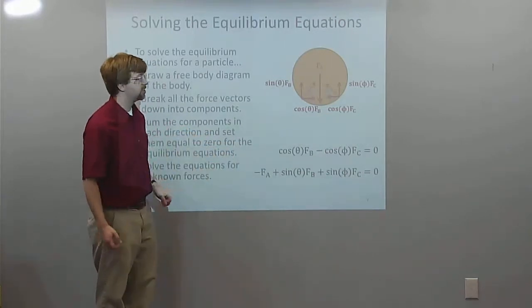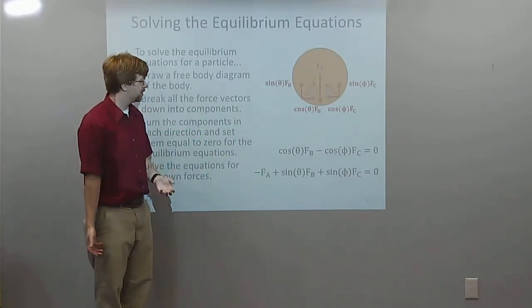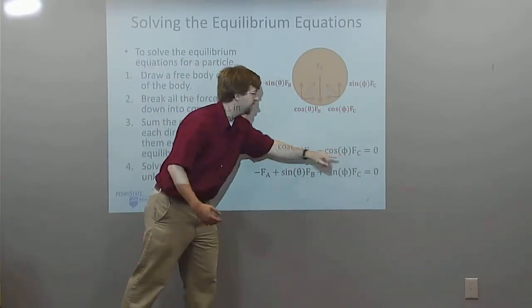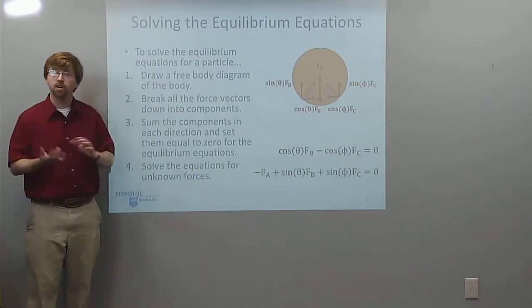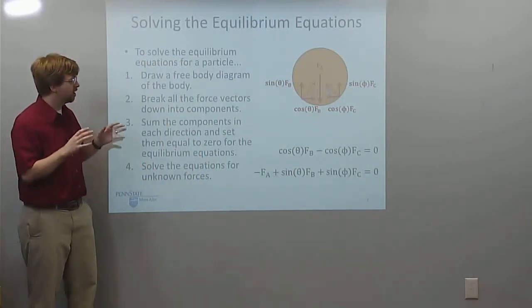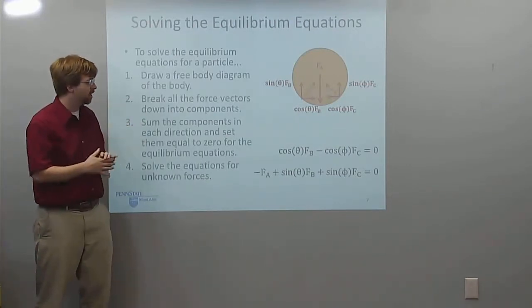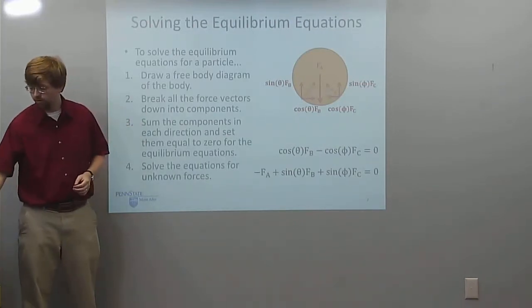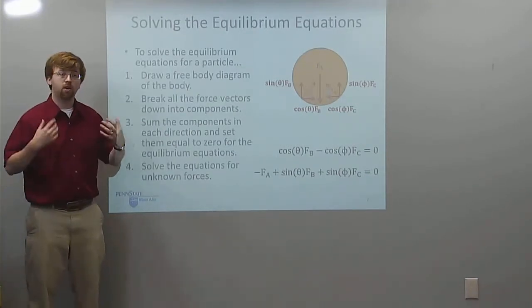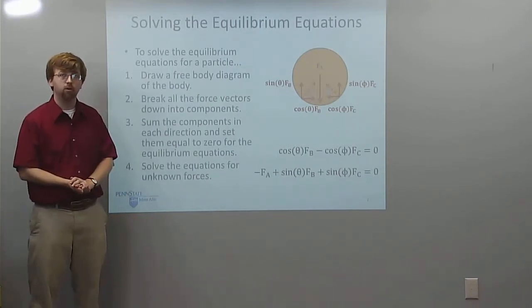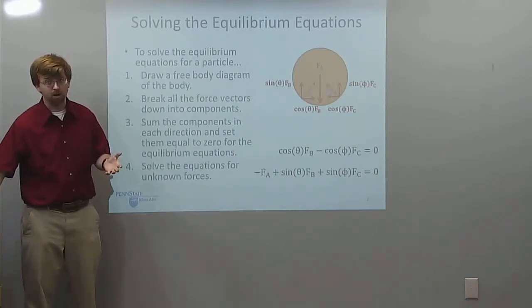If I've got two equations, I can solve for two of these unknowns, say FB and FC. At this point, it's all algebra. You've got two equations. You write in the numbers you know, such as FA or the angles theta and phi, and you solve for those unknowns. So with that, that's all you really need to know for solving the equilibrium equations, for a particle at least.